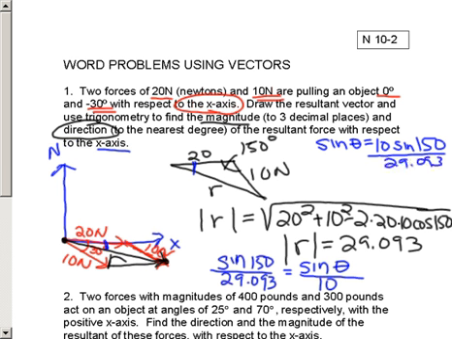Some people are working ahead. How do we get rid of the sine to get the theta by itself? Inverse sine. So theta equals inverse sine, sine to the negative 1, arc sine, of whatever this is. And you can just put in your calculator the whole thing like this if you want.